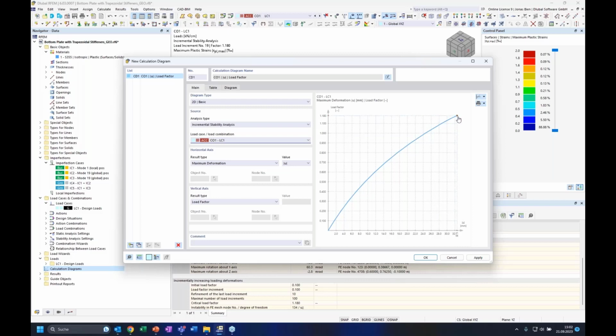So when I see that the simulation diverged at that point, then I would ask myself, why did it diverge? There can be different reasons.